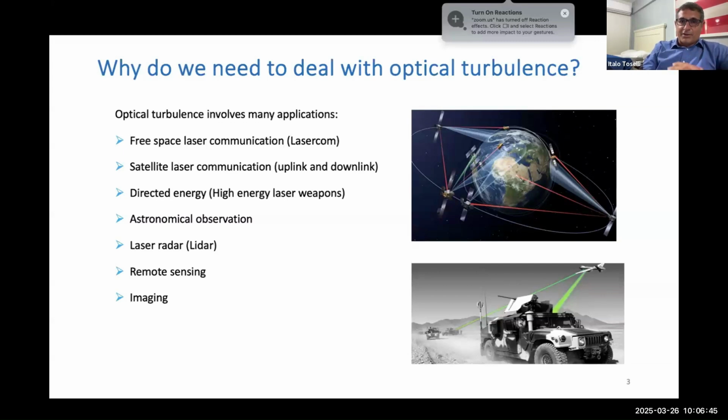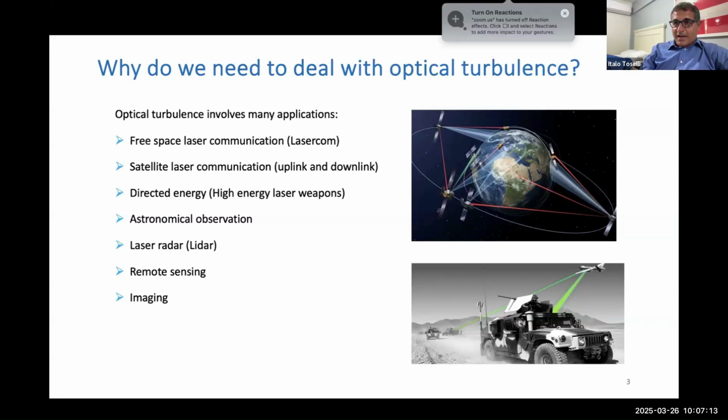So we have many applications of this kind. We have, for example, free space laser communication. We have satellite laser communication in the case of uplink and downlink, where the beam anyway has to go through the atmosphere. We have directed energy, so laser weapons, where the laser beam is propagating through the atmosphere. We have astronomical observation. This is actually where concepts like scintillation come from, right?